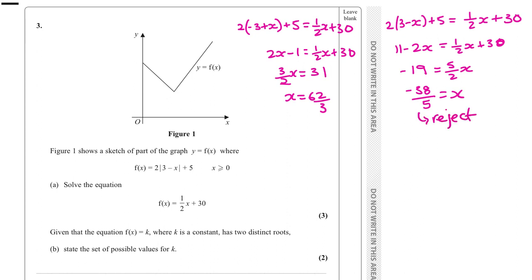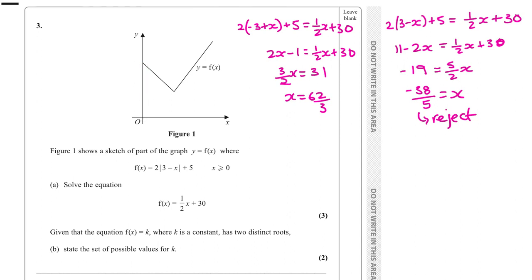However, I just want to have a quick pause and discuss this, okay? So we reject it. It means that when it crosses this, it only crosses once. How could that be? Now, if we have a look at this equation, f of x equals 2 lots of 3 minus x plus 5, what is our y-intercept here? 11.